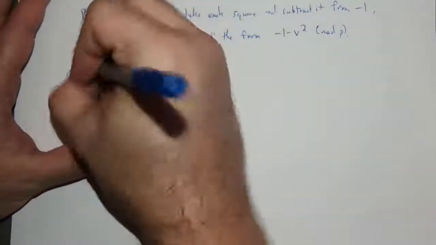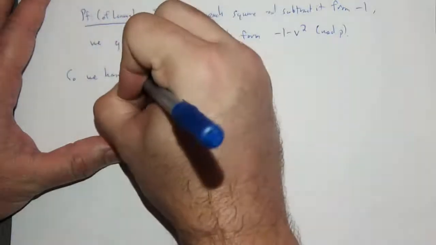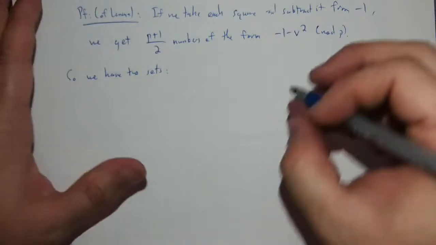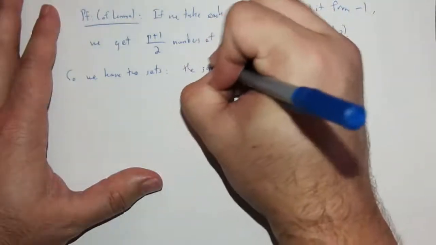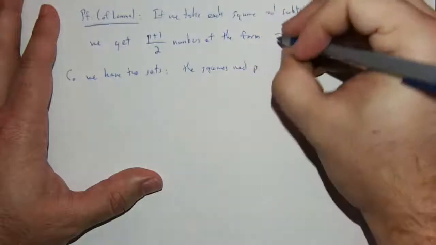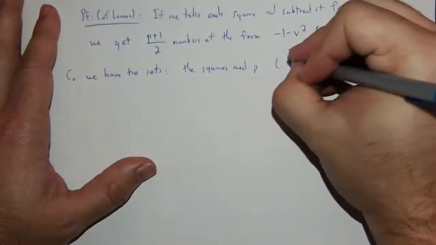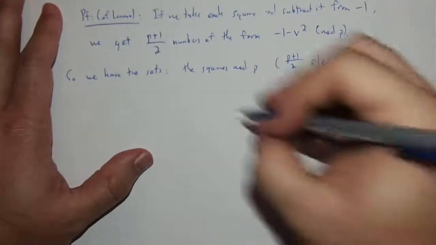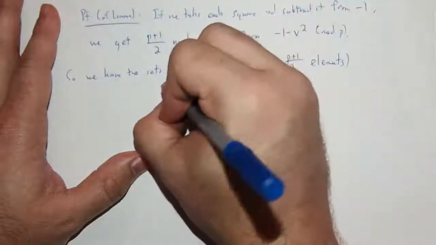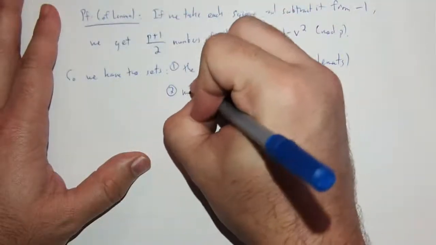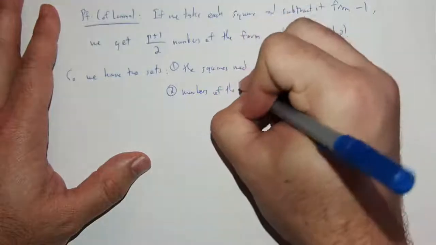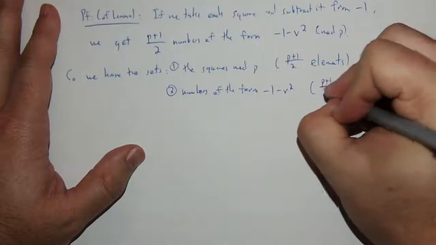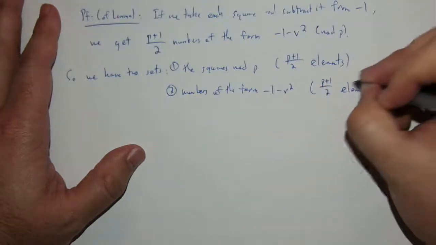So we have two sets. The squares mod p, that's (p plus 1) over 2 elements, and this is the first set. The second set is numbers of the form minus 1 minus v squared, and there are (p plus 1) over 2 elements of those.